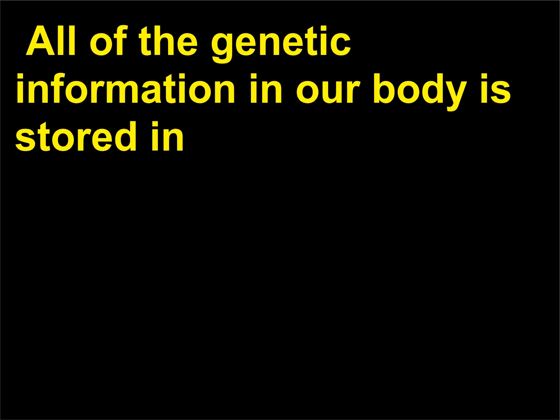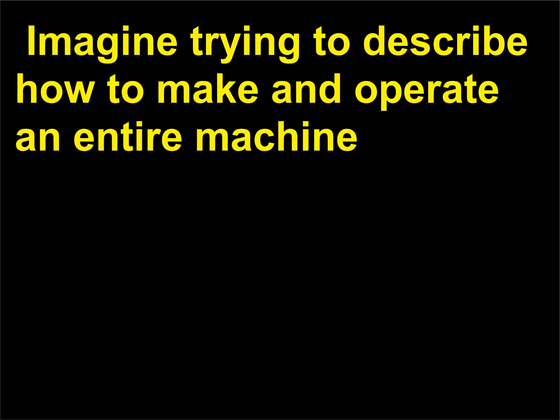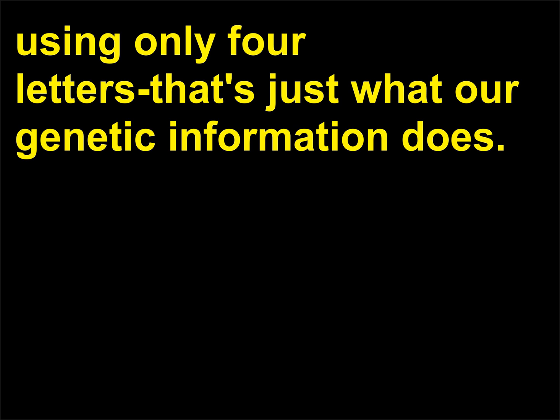All of the genetic information in our body is stored in our DNA using sequences of only these 4 nucleotides. Imagine trying to describe how to make and operate an entire machine using only 4 letters. That's just what our genetic information does.